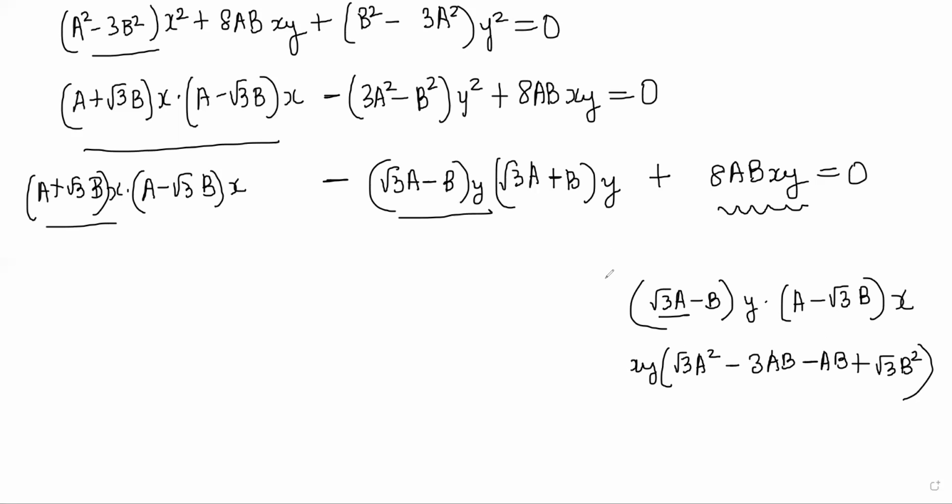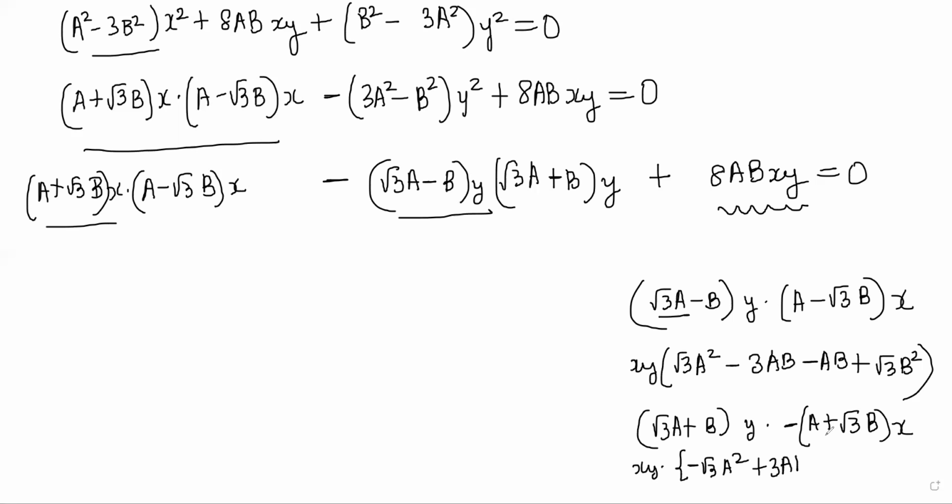And if you multiply root 3a plus b into y with negative of a plus root 3b x, you will get again xy, you will get minus root 3a square minus 3ab, minus 3ab and minus ab and minus root 3b square.